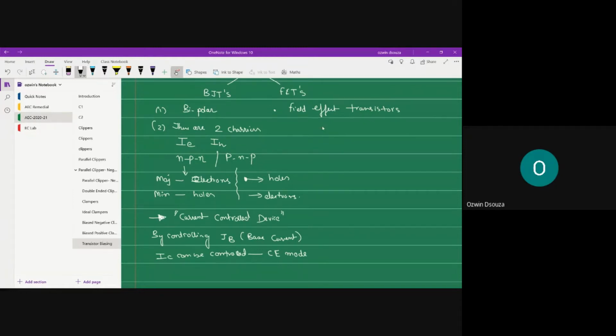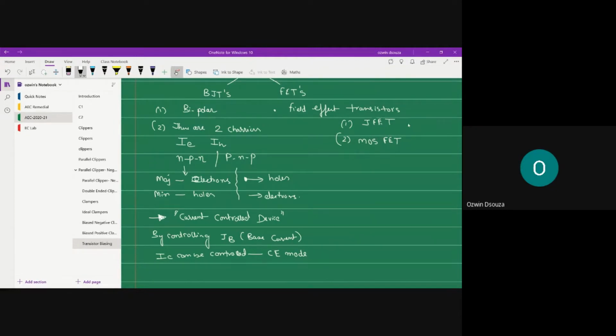On the other hand, if you look at your field effect transistors, field effect transistors are broadly classified into two types. Okay, one is JFET, junction field effect transistor, and the second type is MOSFET, metal oxide semiconductor field effect transistor. More of it we will discuss when we reach module 5.